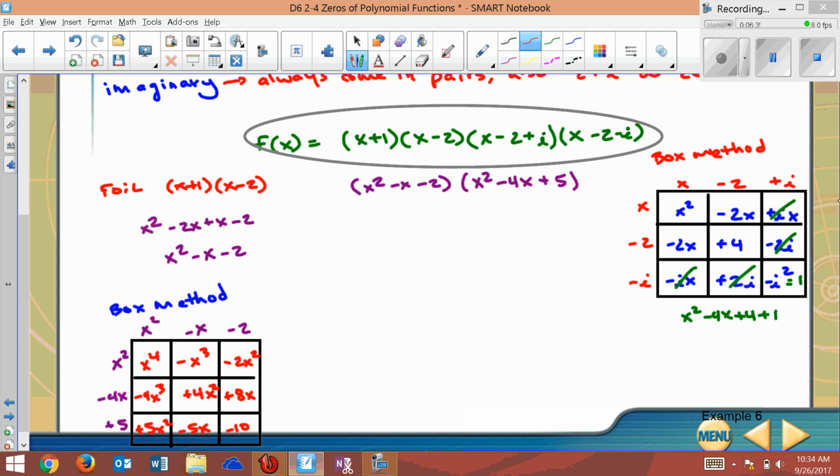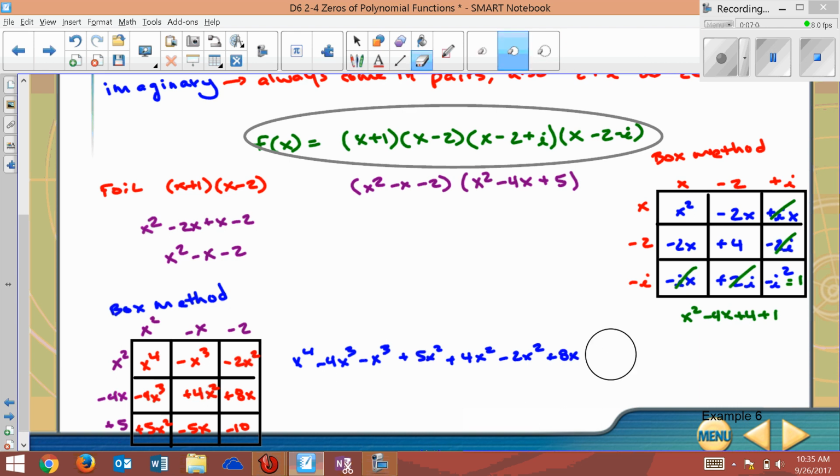We combine our like terms, which we can see a few of them will combine. So I have x to the 4th. I have a negative 4x cubed and a negative x cubed. I'll also have the squared terms here. So I have a positive 5x squared, positive 4x squared, minus 2x squared. I have these two, a positive 8x, no, negative 5x, I'm sorry. And then I have a minus 10. So if I wanted to write my answer simplified, I'm working up here if you're wondering.